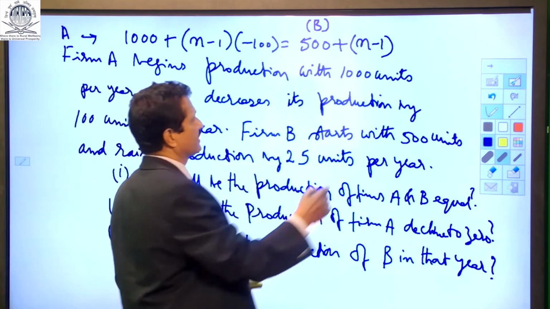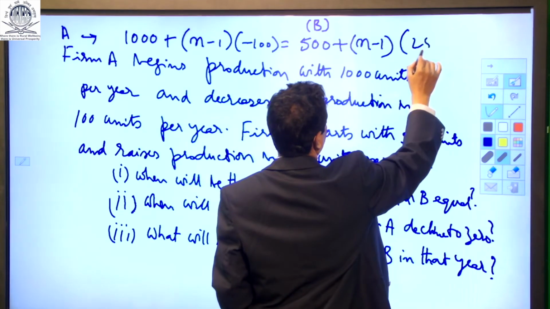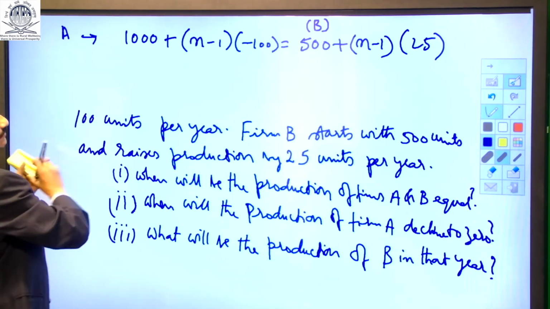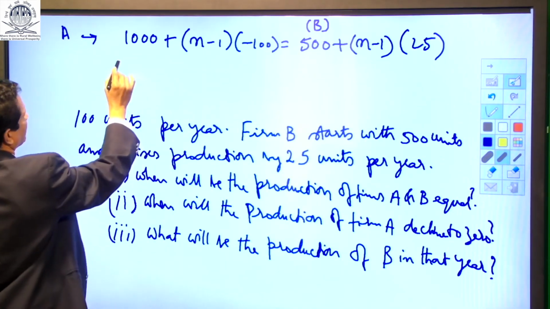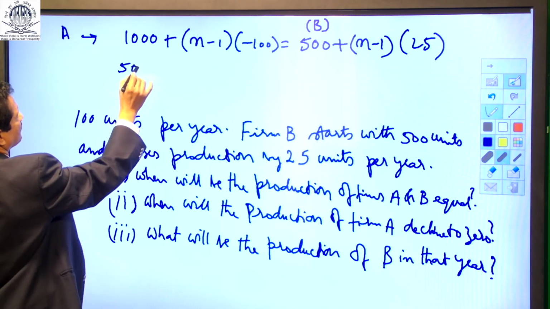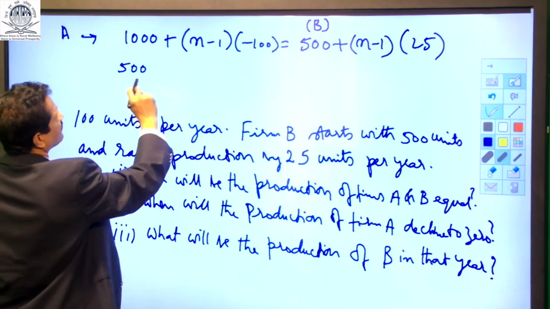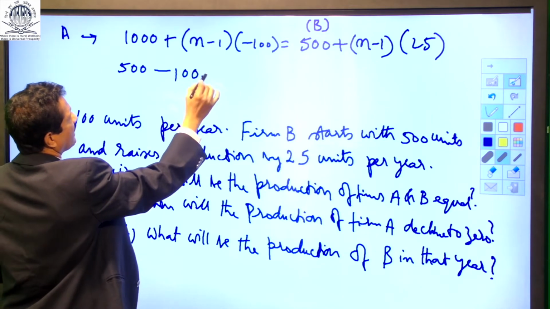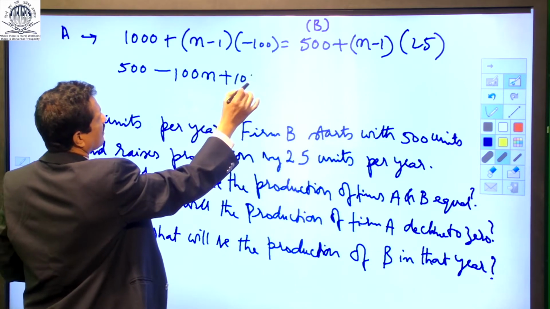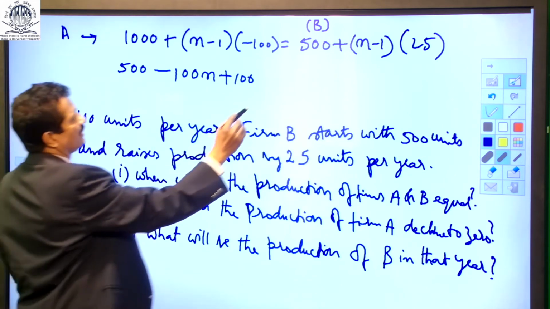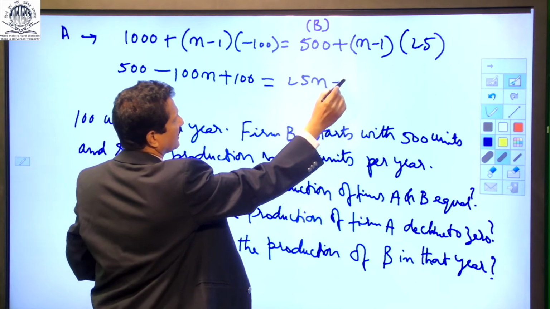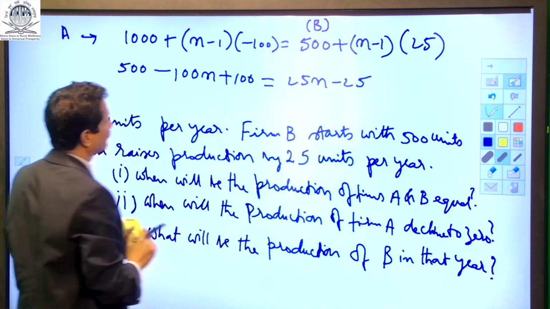So in this case this is 25, and solve for n now. 500 when I transpose to this side, 1000 minus 500 is 500, this is minus 100n, this is plus 100, and on this side I have 25n minus 25.